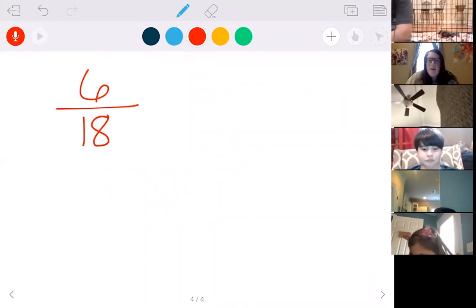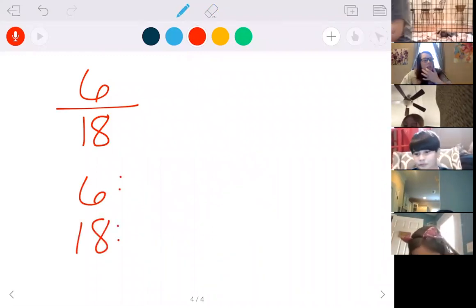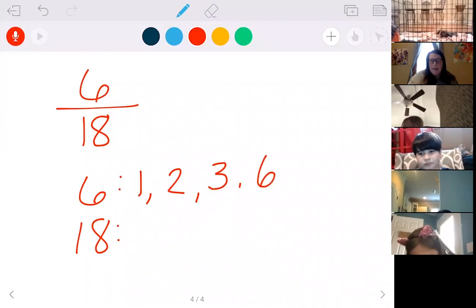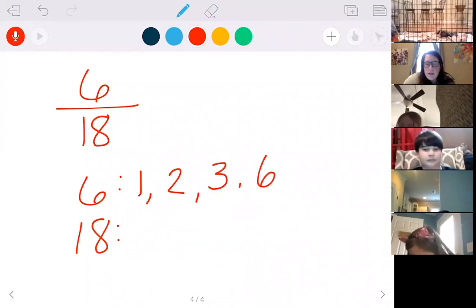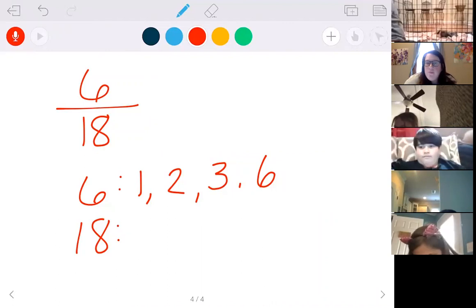6/18. So I'm going to list my factors out for 6 and 18. Factors for 6 are 1, 2, 3, and 6. So remember, same factors we just did. Remember I told you if you have already done it, then just copy it from the previous problem.